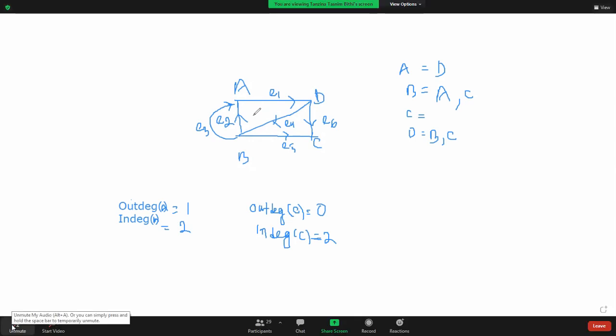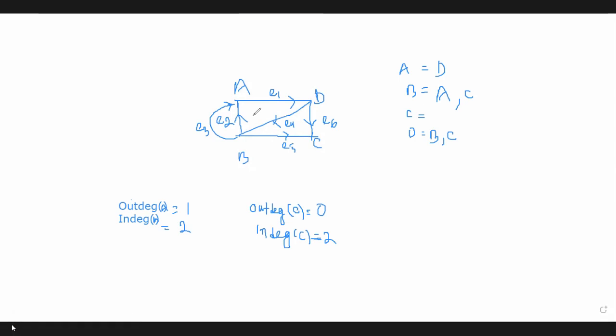In the next class, we'll discuss some other properties of graphs as well as graph traversal, that is, how we can traverse the graph. In a tree, we use 3 types of traversal methods: in-order, pre-order, post-order. So in graphs also you can use some traversal algorithms for traversing all the nodes.